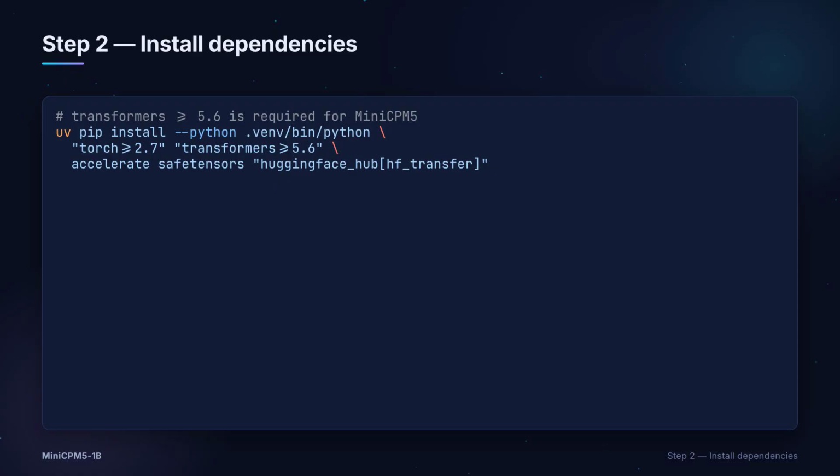On this RTX 4090, uv resolves and installs the whole stack, including the CUDA build of PyTorch, in well under a minute. Notice we pass the venv's Python explicitly, so the packages land in our isolated environment and nowhere else.